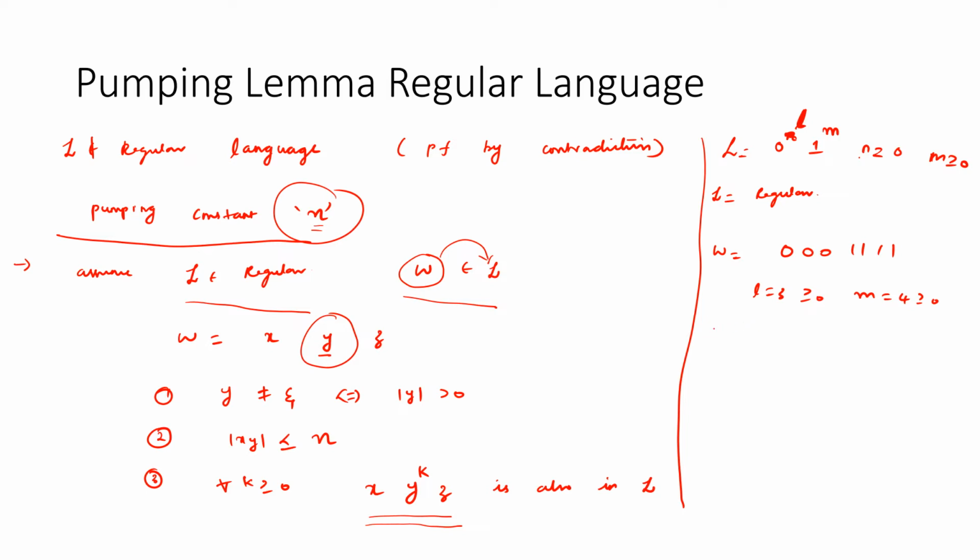Let me take the pumping constant n equal to 3, let's assume. Then let me propose a partition scheme: x equal to 0, 0, y equal to 0, z equal to 1, 1, 1, 1. Are you all convinced that x, y, z together constitutes w? w will be equal to x, y, z.